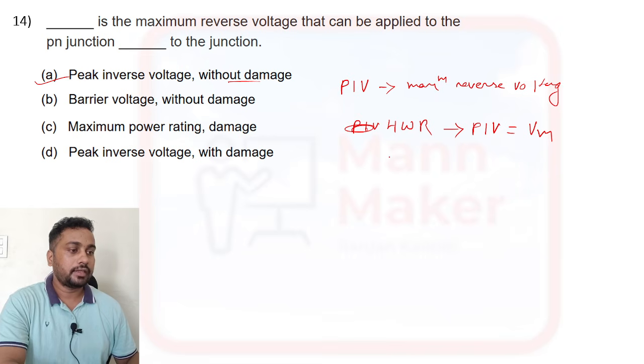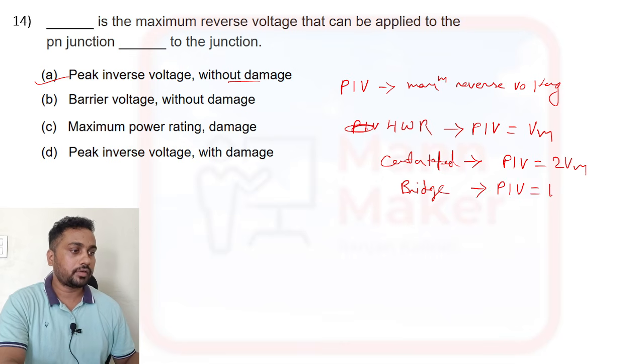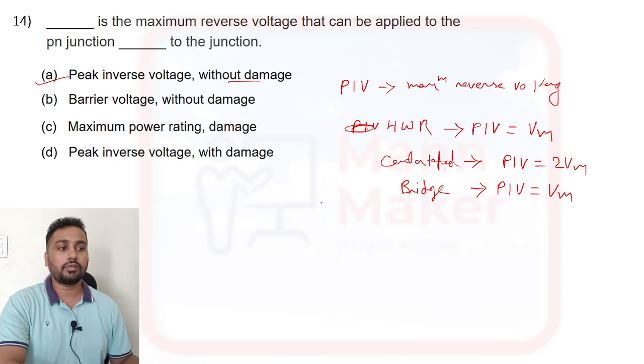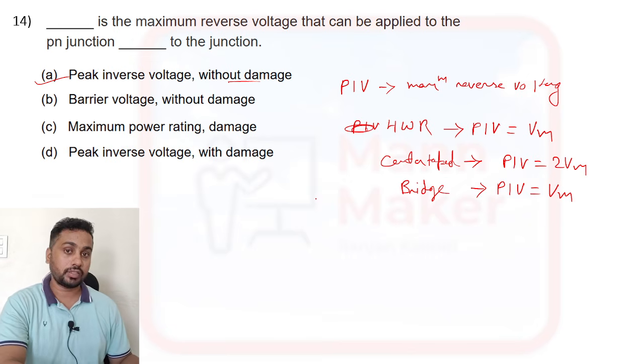For center tapped rectifier, this PIV is equal to 2 VM, and for bridge rectifier, this PIV is equal to VM. Just remember these three points. Sometimes they will ask the question, what is the PIV for bridge rectifier? Then you need to give the answer VM.